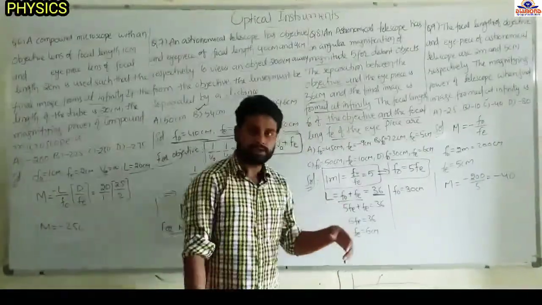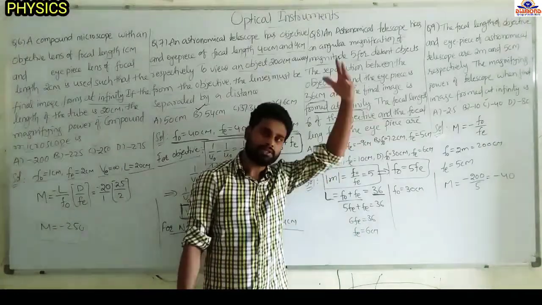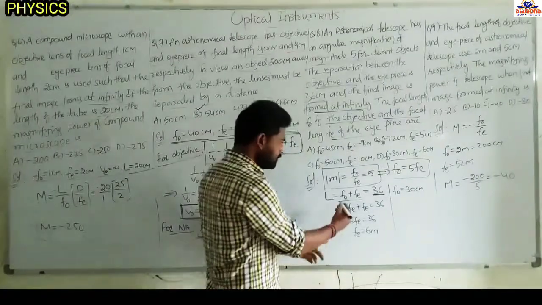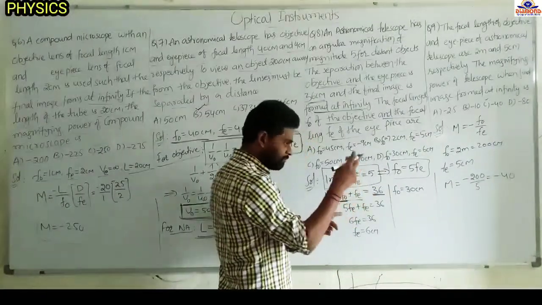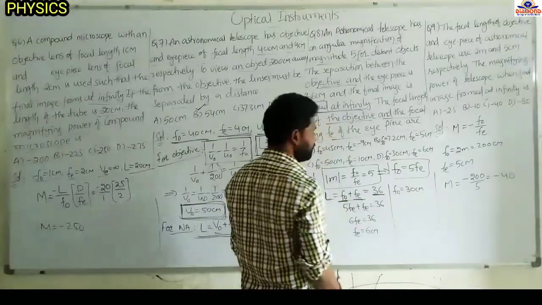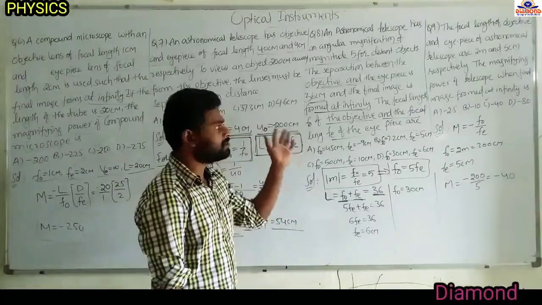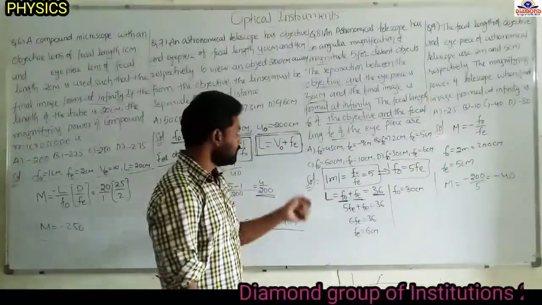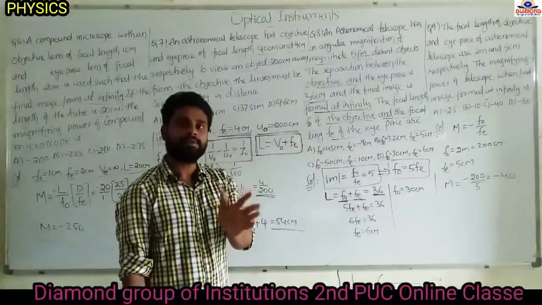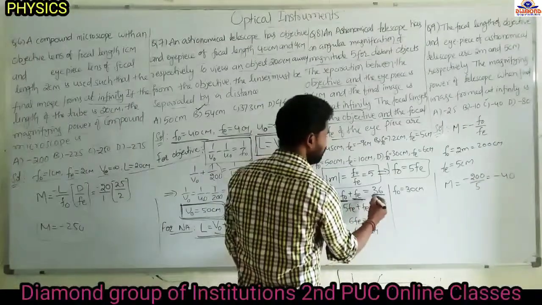That means the objective lens already formed the image at its focus, because the object is at a long distance, at infinity. Now this image is forming at the focus of the eyepiece, so the length of the tube is f naught plus fe.